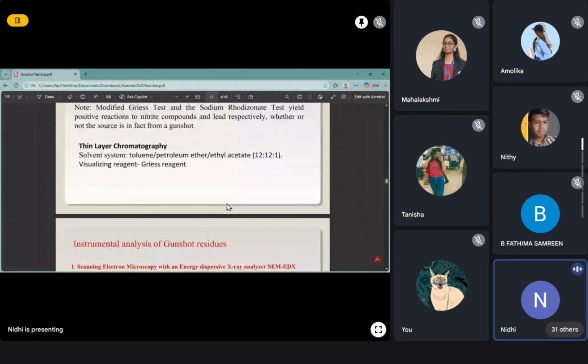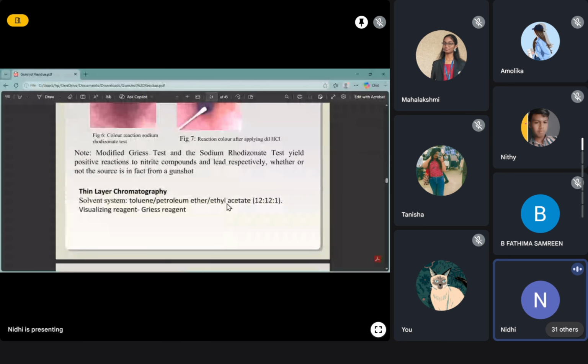Then comes thin layer chromatography. When we are performing this test, this color is used to check it in thin layer chromatography with the help of toluene, petroleum ether, and ethyl acetate. By the way, these tests are not performed in India. They will just be performing the Griess test. Till now, I have only seen the Griess test getting performed in laboratories, and only the Griess test gives the result, and they will write in the report that yes, the nitrite was present.